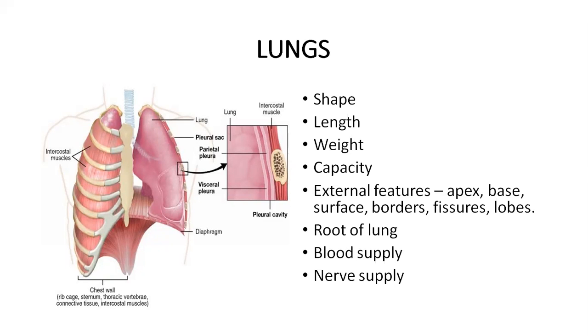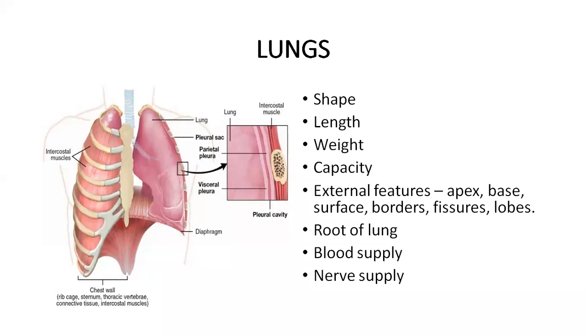The apex of the lung is going to protrude above the first rib and enter into the root of the neck.